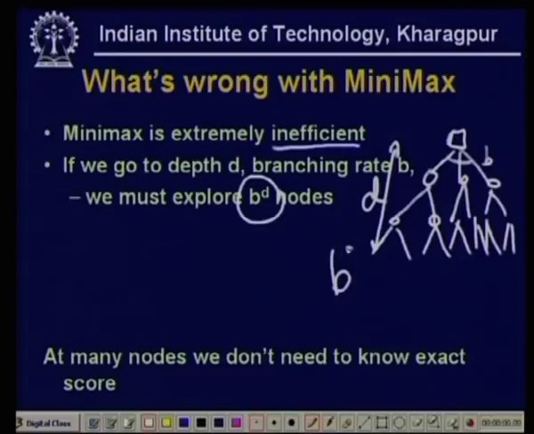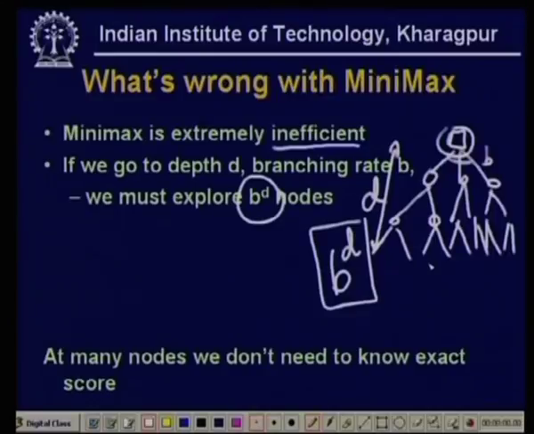So, minimax will expand b to the power d nodes in order to compute the minimax value at the root if it decides to cut off search at depth d.